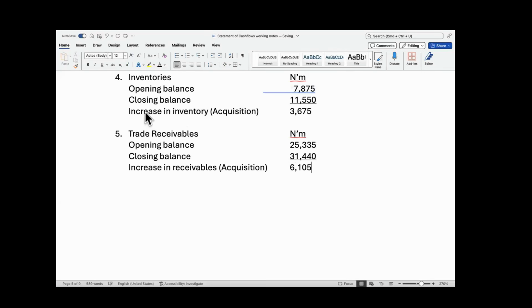This one is clear that this is an outflow, right? The increase in inventory is like we bought more inventory. Who can tell me why increase in trade receivables is also an outflow, an acquisition? Because we sold more. We sold more on credit, sir. So how does that mean that we are giving money out?